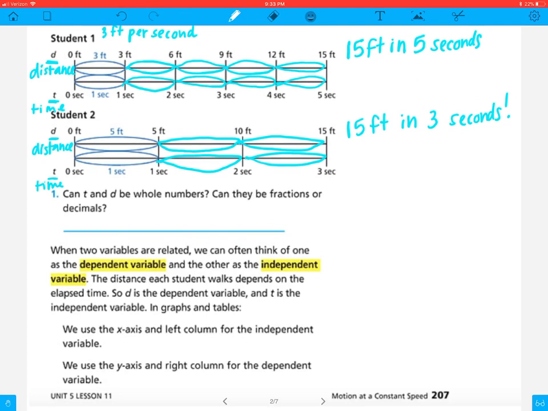Well, I know I've said before that you can have 2.5 minutes or 3 minutes, so that would make sense to have fractions or decimals in time. Now for feet, I think you could go 2.5 feet. I don't think everybody walks an even foot amount when they walk, which would make sense. So I think they can be whole numbers, and they can also be fractions and decimals.